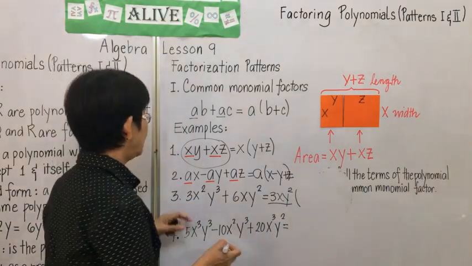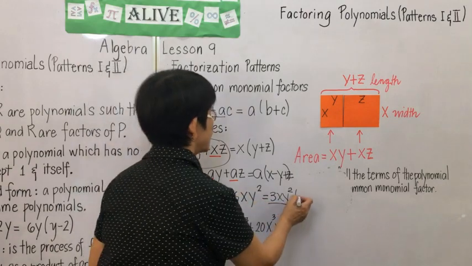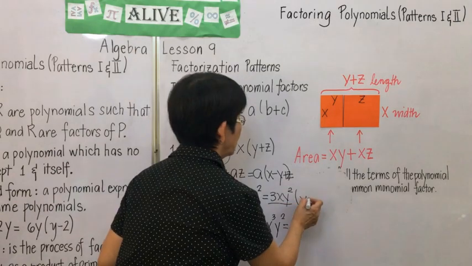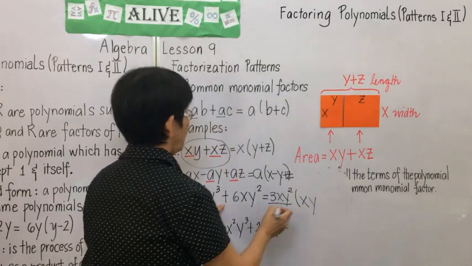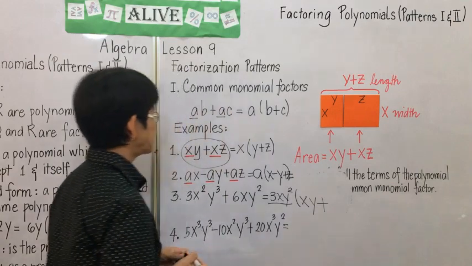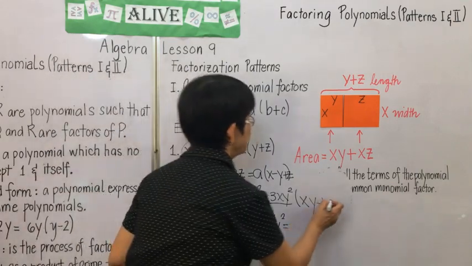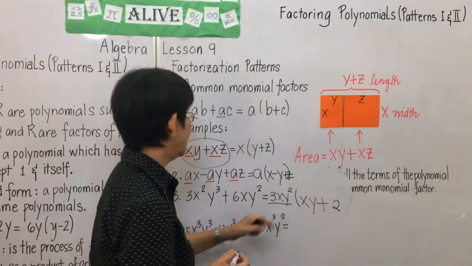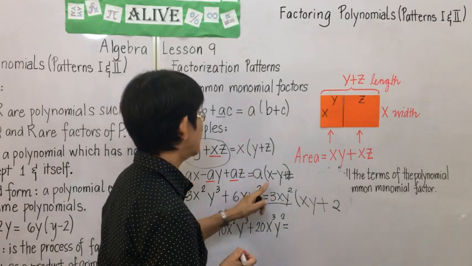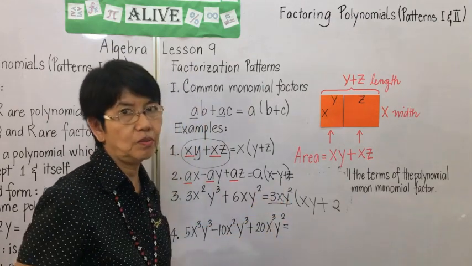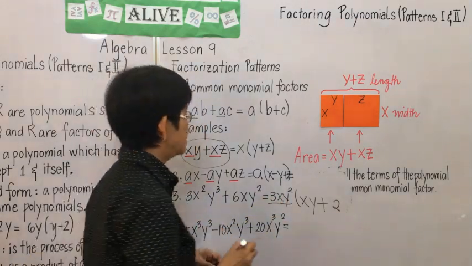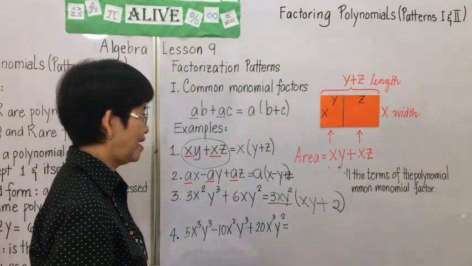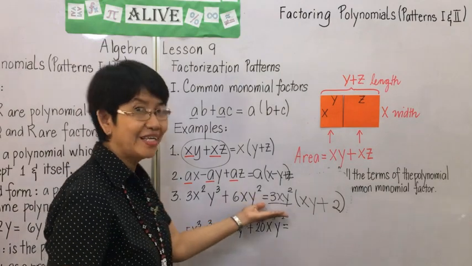So we have x squared divided by x and y cubed divided by y squared, plus 6 divided by 3, and then x divided by x, that cancels, and then y squared divided by y squared, also they cancel. So this is your second factor, and that's the answer, completely factored form.